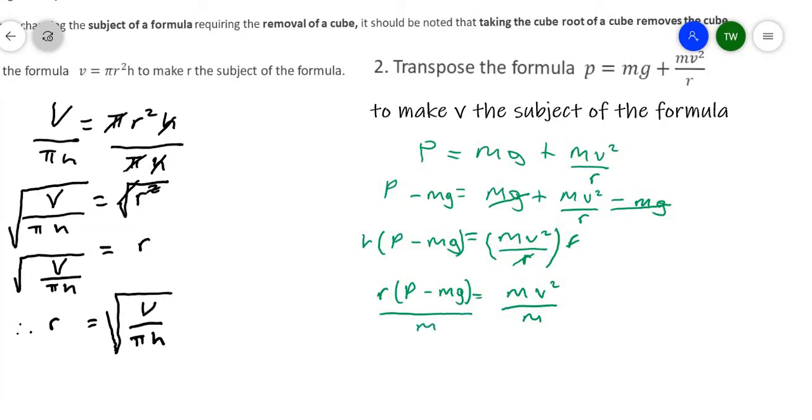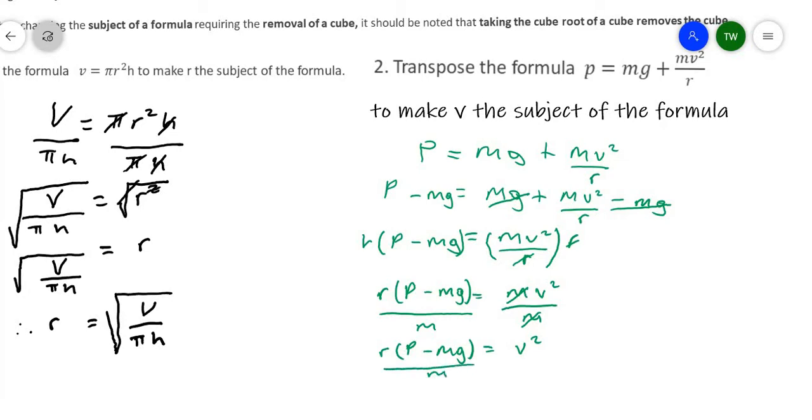Now clearly here, m in the numerator will cancel out m in the denominator. So what that's going to leave you with is just v squared. And over here, you write back what you have, which is just r times p minus mg all divided by m.